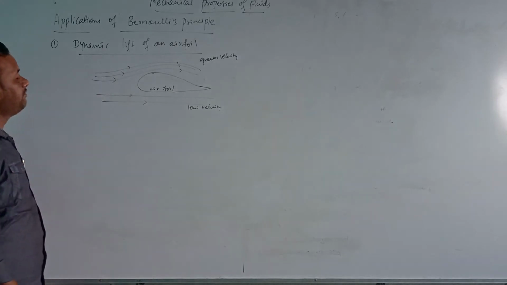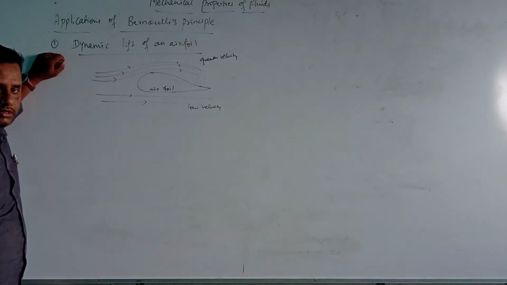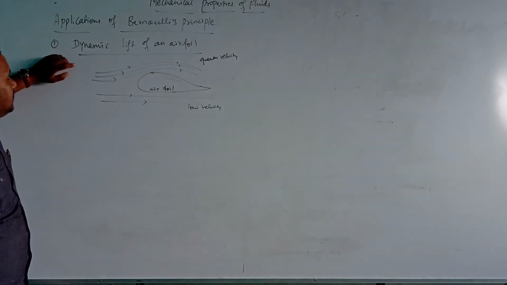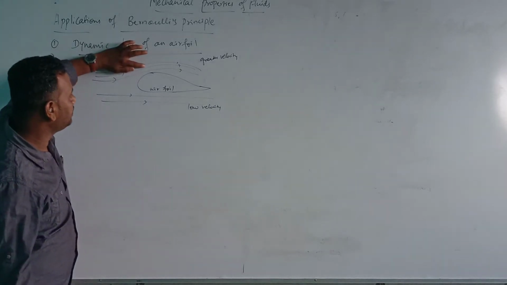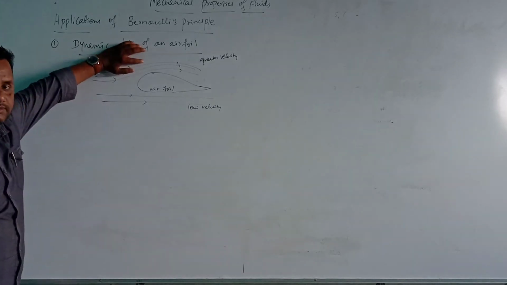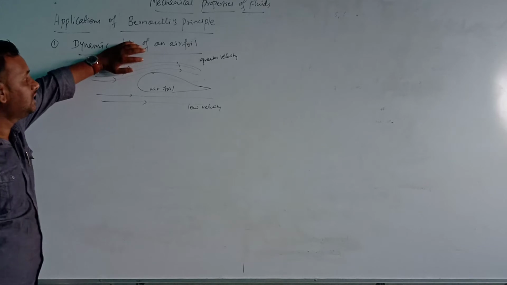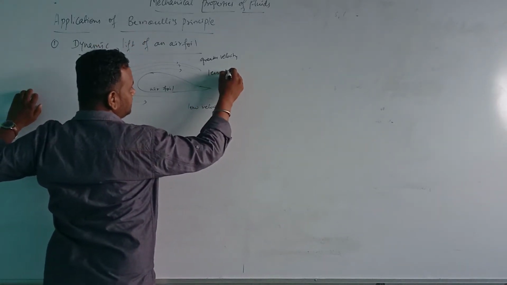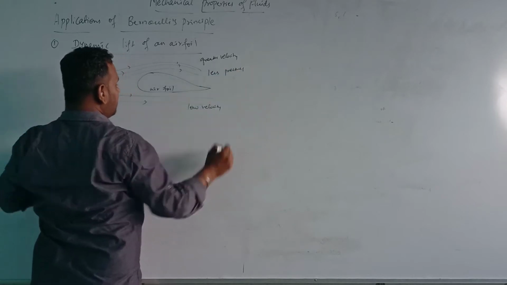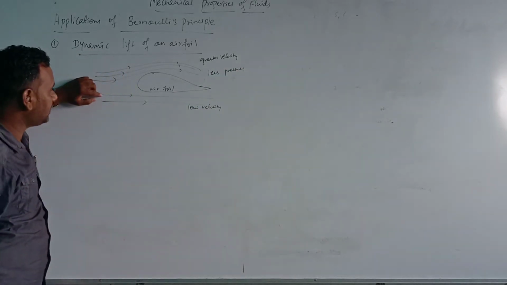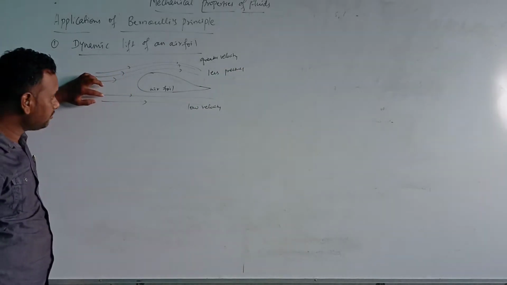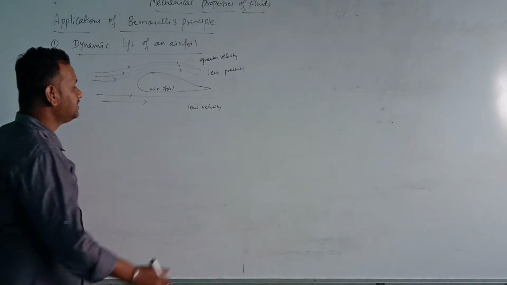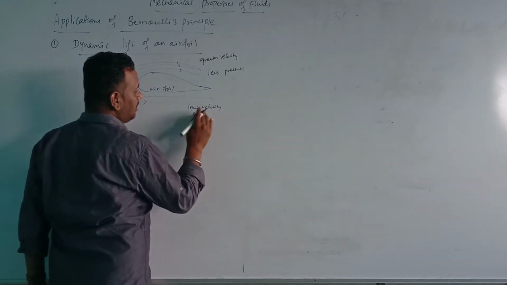Here, according to Bernoulli's principle, the air above the airfoil, which has a greater velocity, has a lower pressure. And the air below the airfoil, which has a low velocity, has a high pressure.